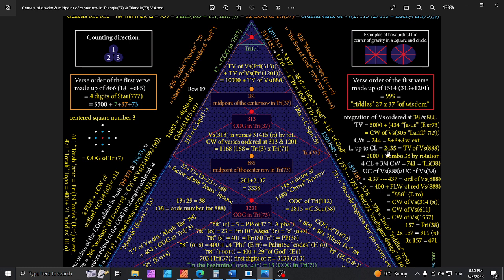The letters up to the center letters are the total value of verse number 888. So you don't see what the total value is here, you don't see what the number is here. But if you just scope here, you understand, okay, this is 12,435.